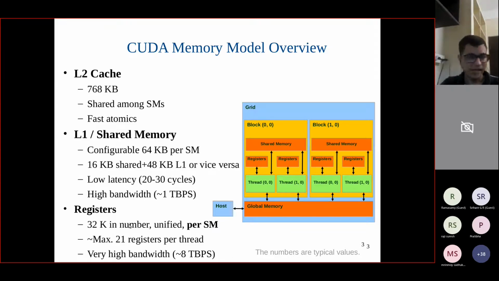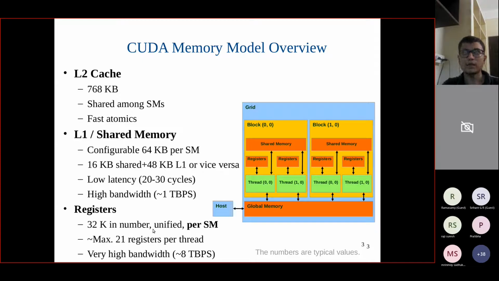Apart from that, we have registers, and you will observe that there are a lot of registers available per streaming multiprocessor. Typically 32K registers are available in one streaming multiprocessor. If you do some calculations, taking the threads per streaming multiprocessor and dividing the register count by that number, on average you can have around 20 to 21 registers per thread.